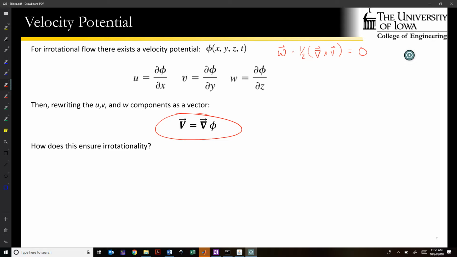Rather than going through the irrotationality in general, I'll do it for one example. If we're interested in the z component of rotation, this is given by 1/2 dv dx minus du dy. And this is something we covered in the beginning of chapter 6.